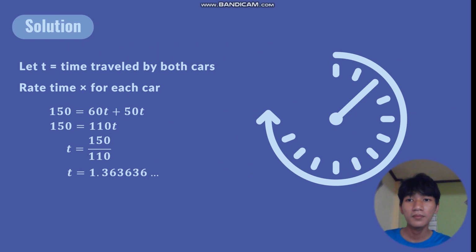So 150 is 60t plus 50t, and 150 is 110t. So t is 150 divided by 110.